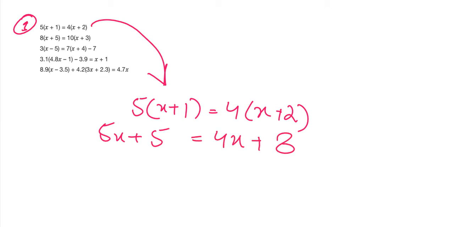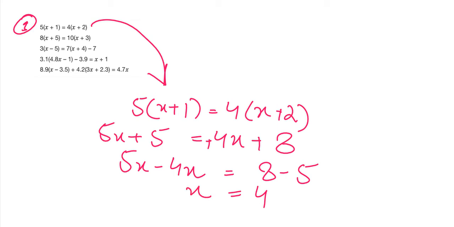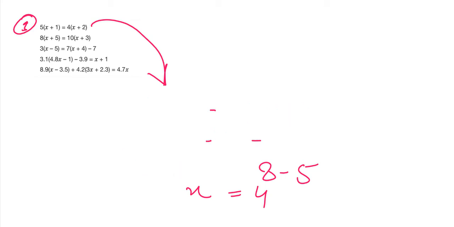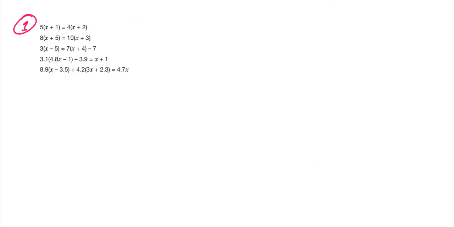Now we have to arrange all of the like terms. 5x, 4x. You can see that we are changing the operations. That will be 4, that will be x. Now we have the value of x over here. Simply you can do this with the other examples as well. Just expand all the terms and then arrange the like terms to the right and left side. And the rest is all yours.